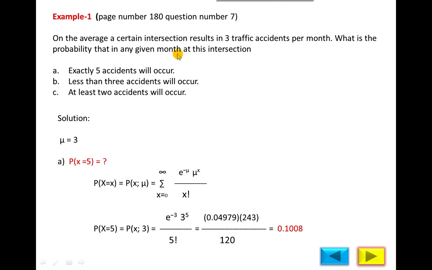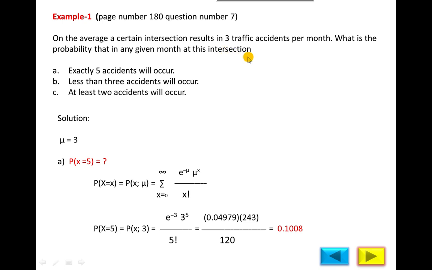What is the probability that in any given month at this intersection? This intersection means the average of this intersection is 3 traffic accidents per month. The intersection should be the same, the time should also be the same. You cannot use the average value of a different intersection for a different area or different time.